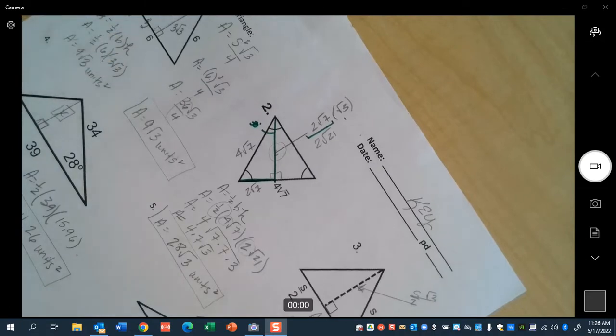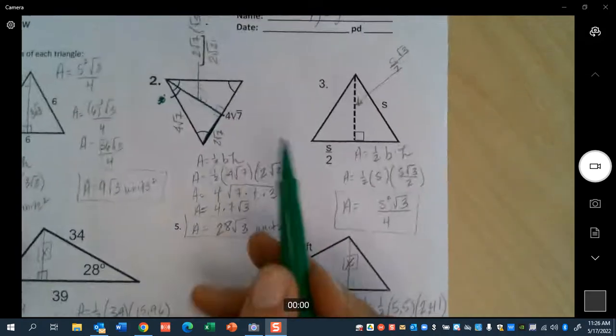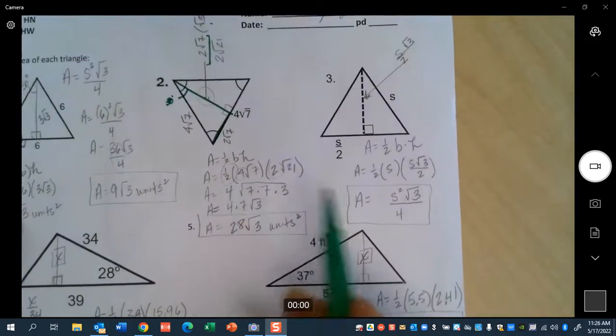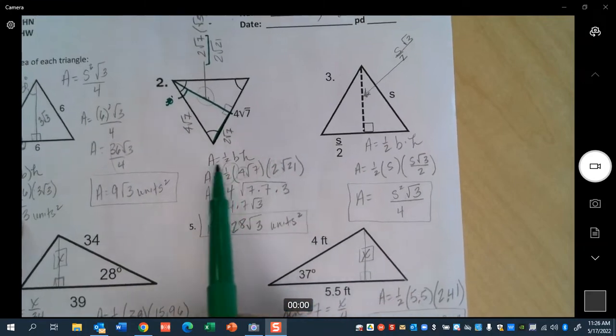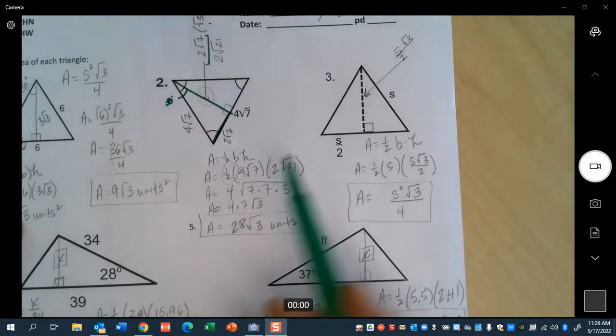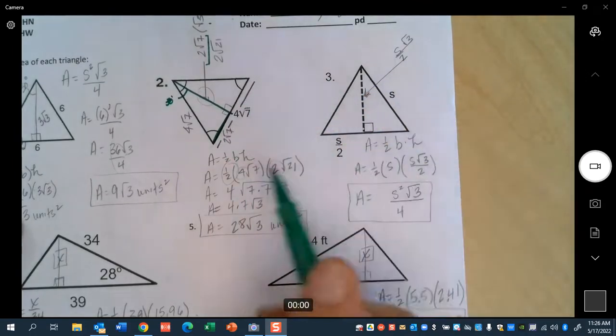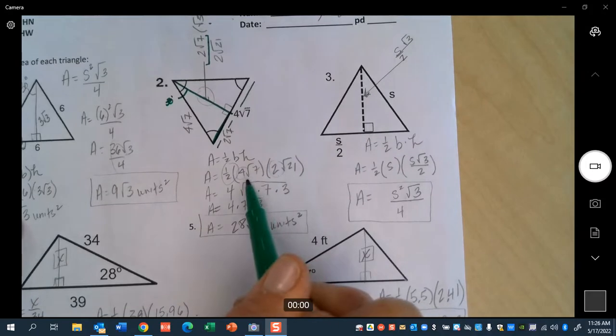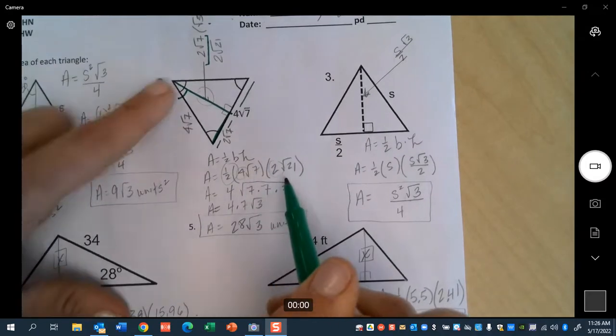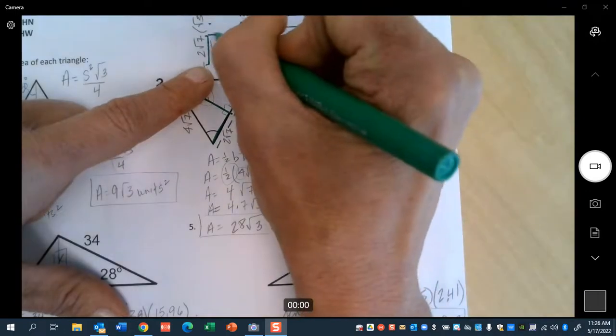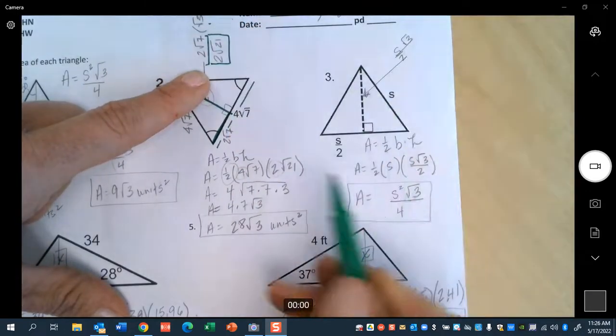Say that one more time. Yeah. So when I want to find the area of the triangle, my area formula is 1/2 base times height. Here's my 1/2. My base of the triangle is here, and I know that that has a measure of 4 roots of 7. My height came from here. That's 2 roots of 21.